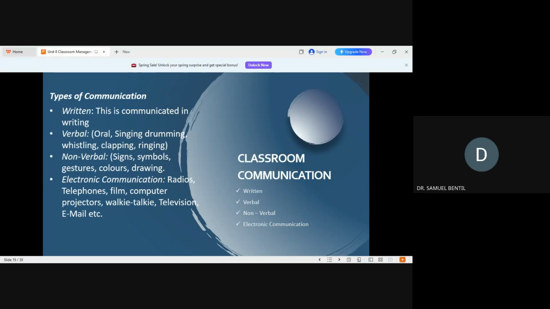Then electronic communication, which we use through the radio, telephones, films, computer projections, and platforms like Zoom, Google Meet and Microsoft Teams, which are all electronic communication media that we use to communicate to learners.